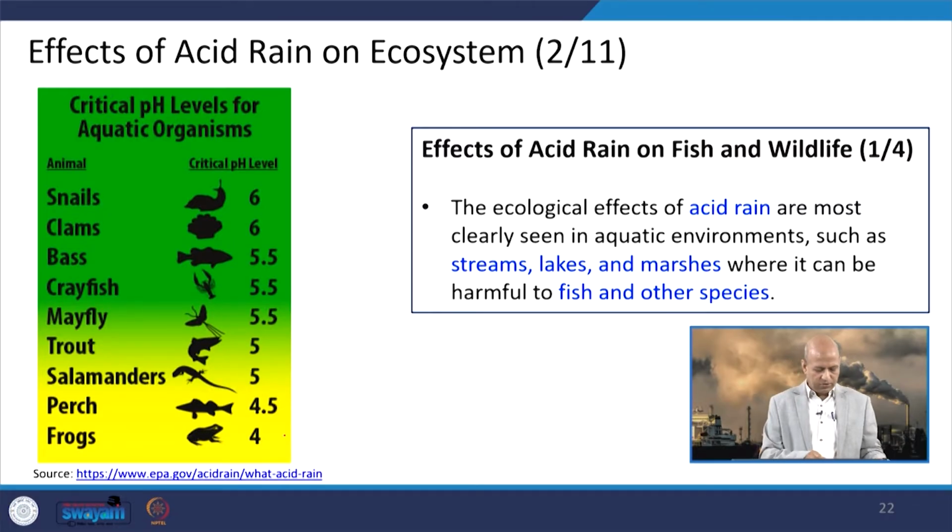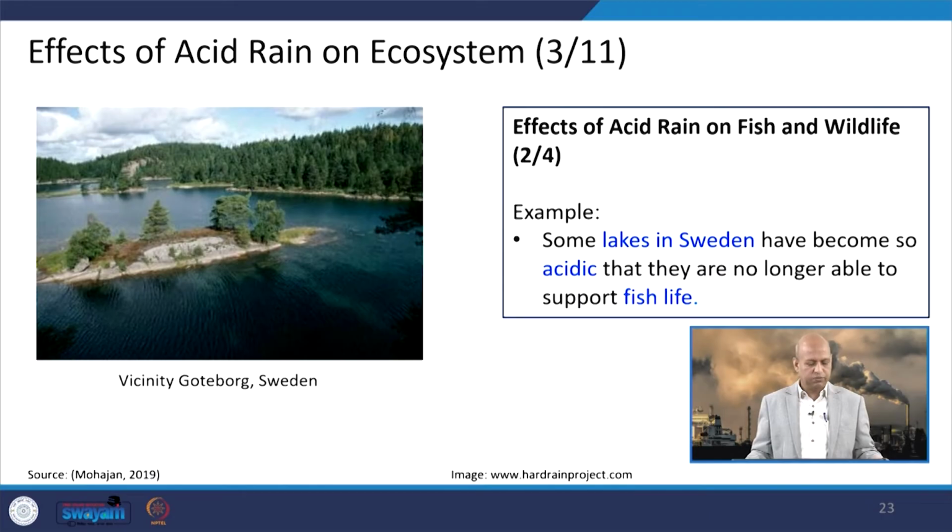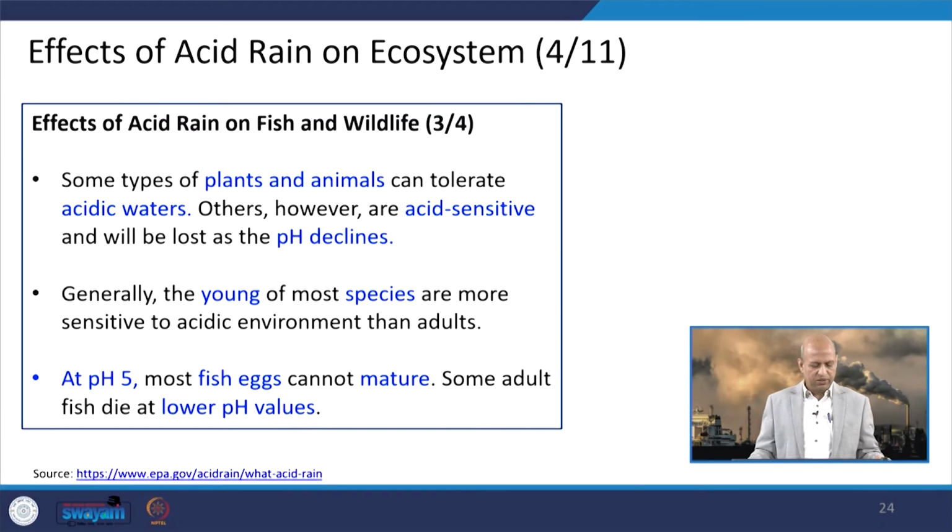You can see the frogs, up to these critical pH levels, after that it is very negatively affecting those particular species. When we talk about some lakes, because of this acidic nature, aquatic life gets disturbed. There is one example of a lake in Sweden, which is quite acidic and no longer able to support fish life.